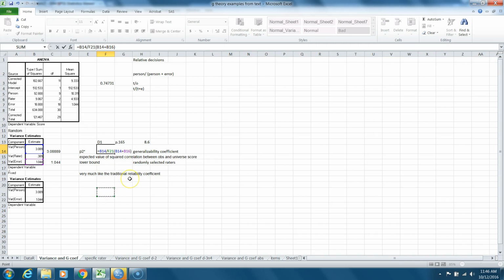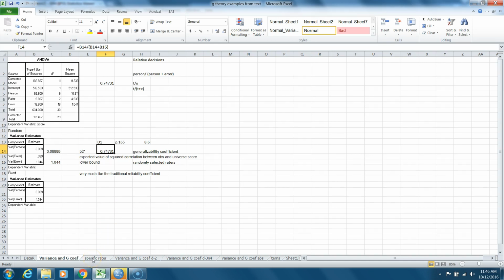So that's example 1. That is what we would expect in the future if our raters were randomly selected from the population, and in this case each examinee has just one rater.